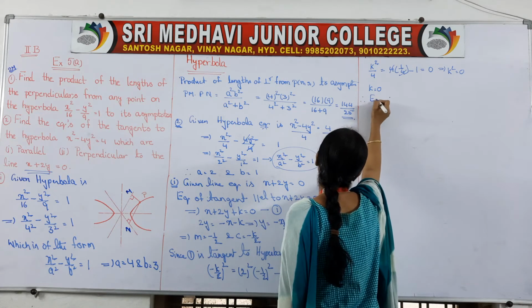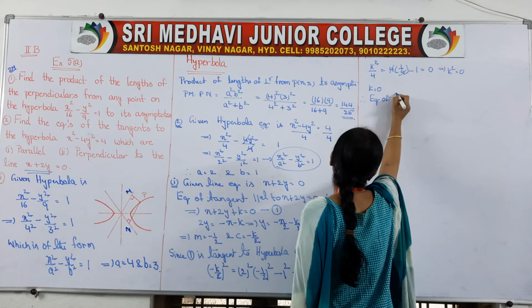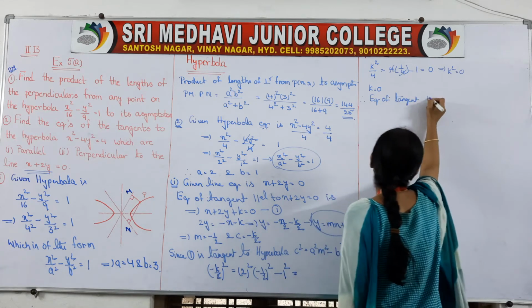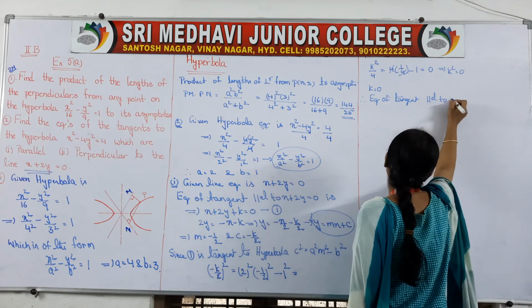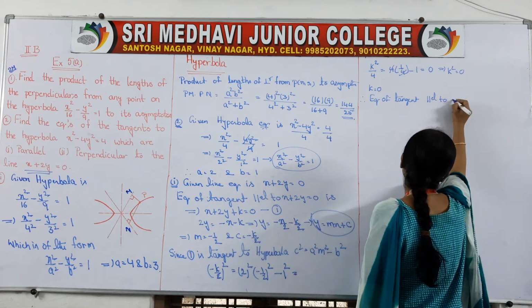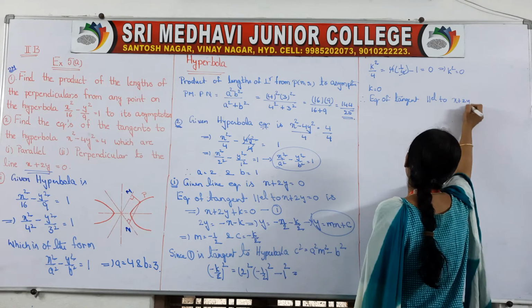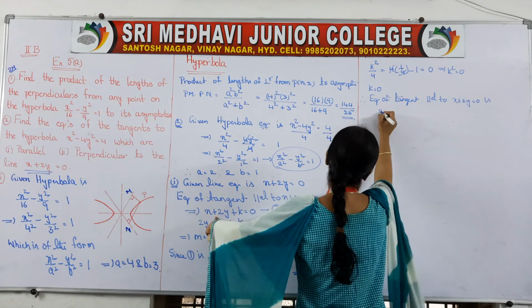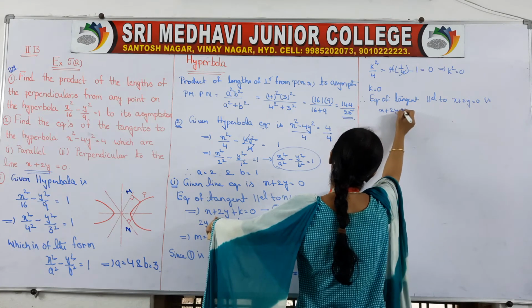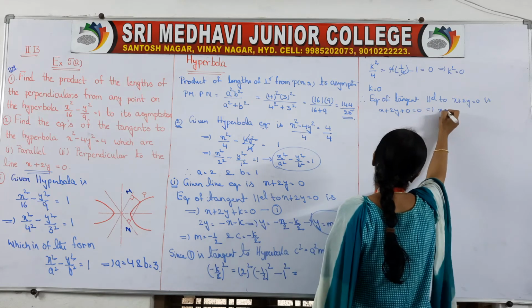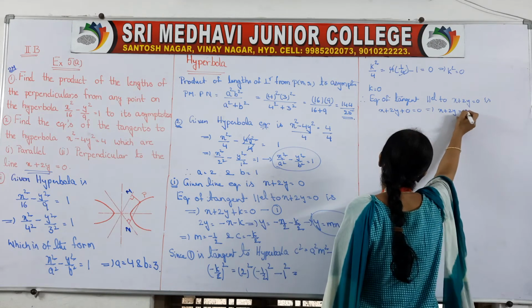Therefore, the equation of the tangent parallel to that line, what is that line? x plus 2y is equal to 0. So it is x plus 2y plus 0 is equal to 0, which is nothing but x plus 2y is equal to 0.